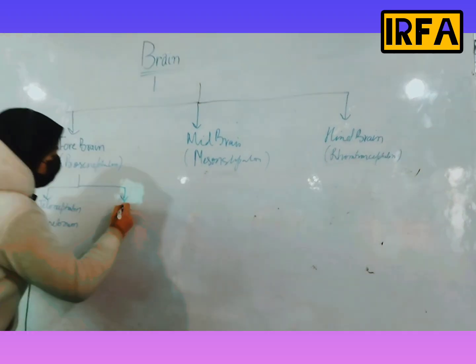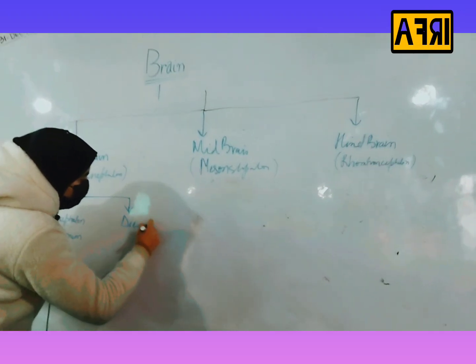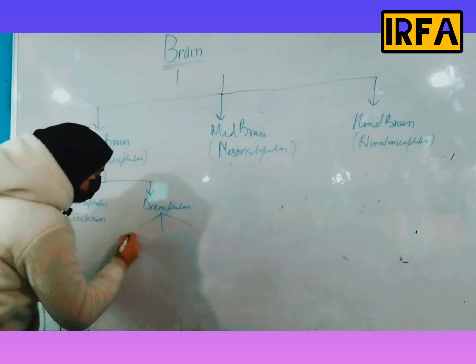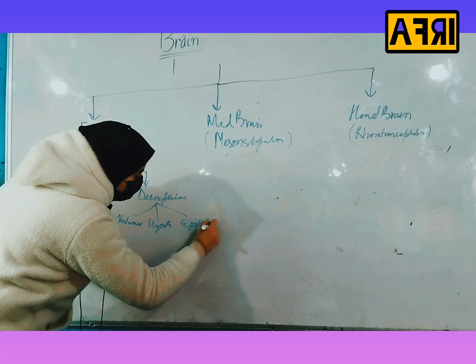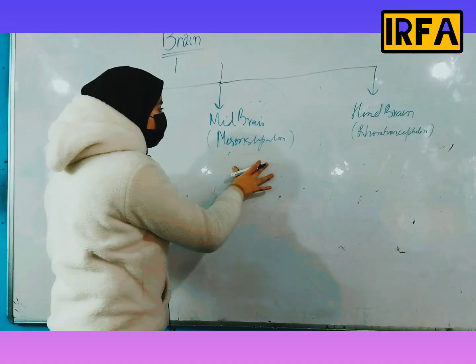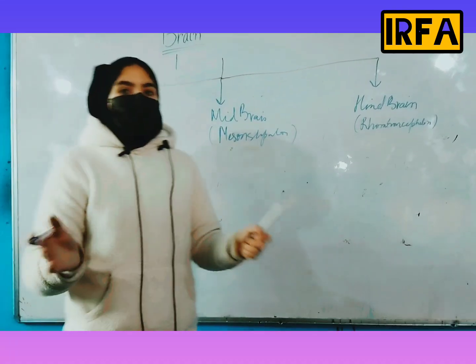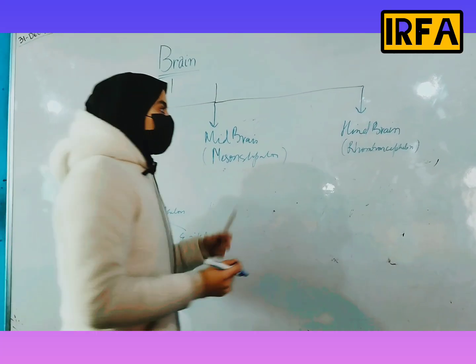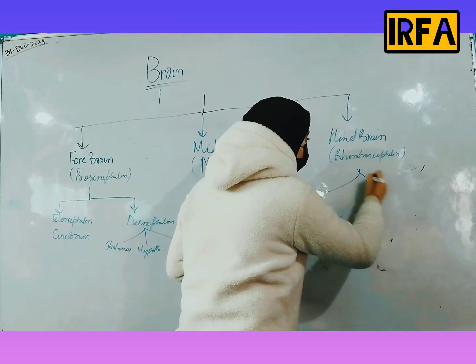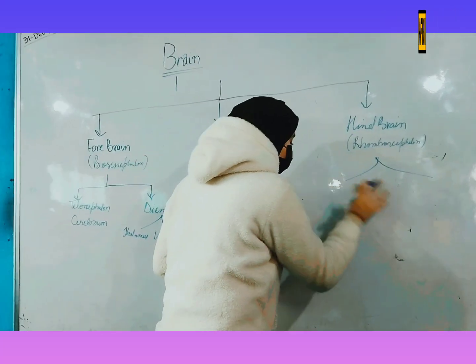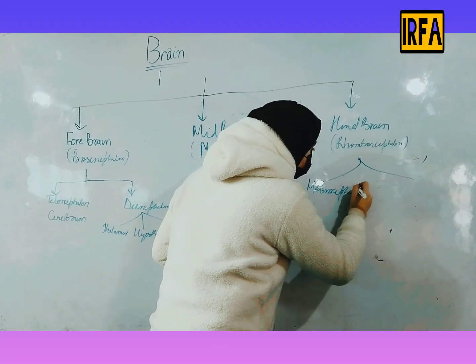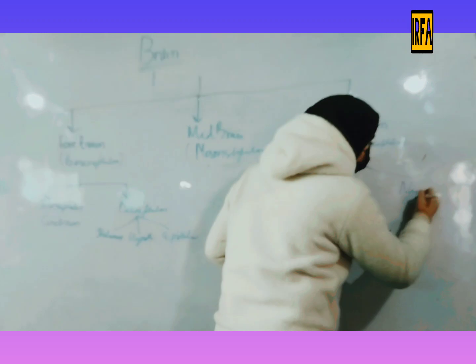Now here, diencephalon comprises 3 things. After that, midbrain. It comprises the peduncles and corpora quadrigemina. We will talk later about that. Now, hindbrain. It comprises 2 things, that is metencephalon and myelencephalon.